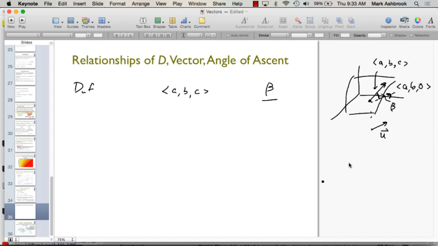So beta is the angle between ABC and AB0. Now think about that vector right there. What's that vector? 0, 0, C. So it has magnitude C, and this one has magnitude square root of A squared plus B squared. So what would that angle beta equal?